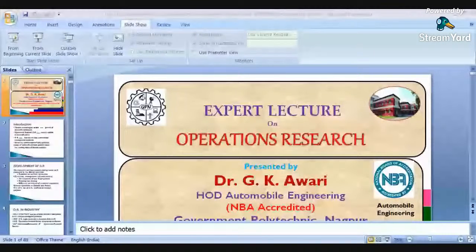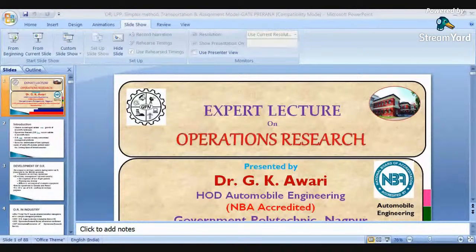Operation research, for example: the enemy is at a distance of 2 kilometers. Then how much explosive should be used to target the complete enemy? When World War II was there, which equipment or what kind of range should be decided, so that the missiles or rocket launchers fall onto the proper attack place and harm the enemy.